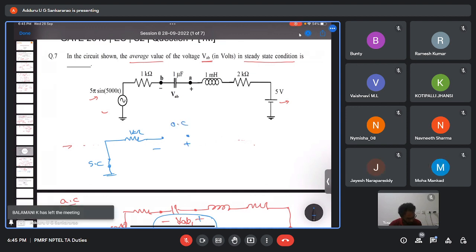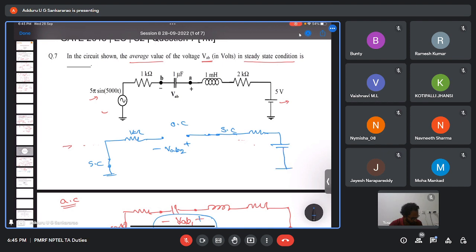So this is VAB2, and the inductor acts as a short circuit at steady state. This is the equivalent circuit at steady state when only the 5 volt voltage source is acting, right?